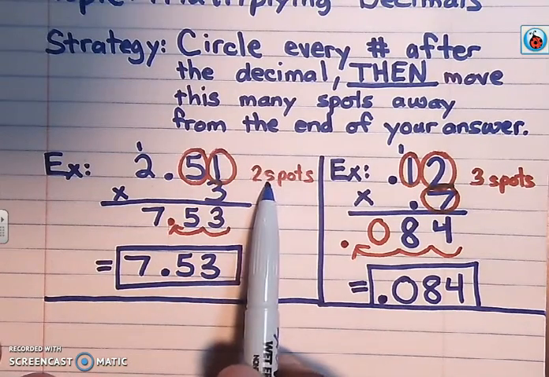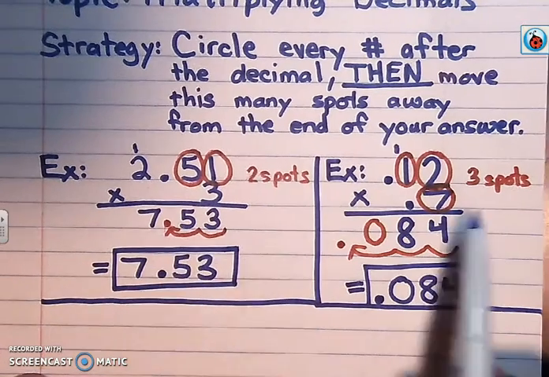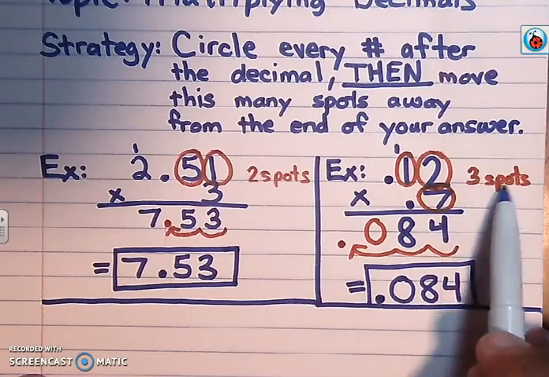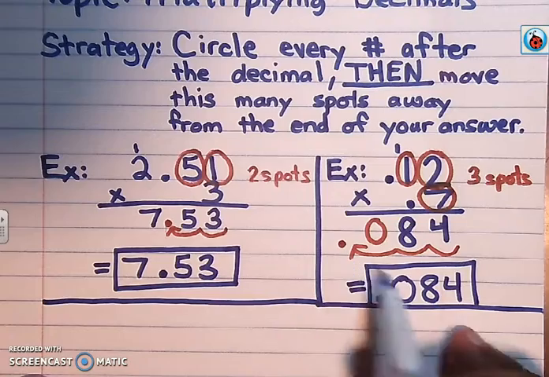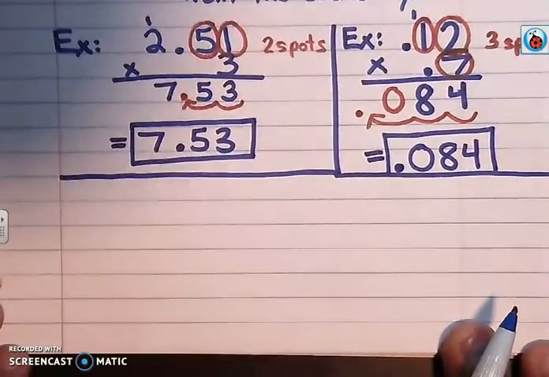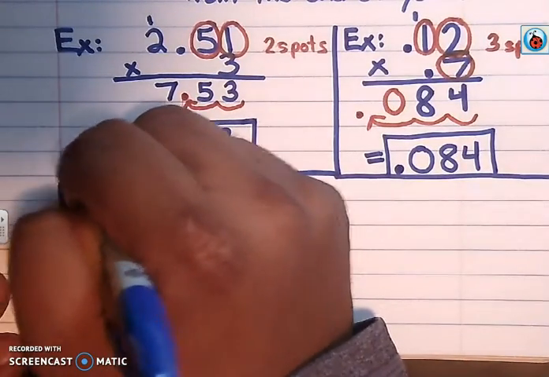That's why I put 2 spots, and that's why I moved 2 spots to the left. In the next example, I counted 3 circles, so that's 3 spots to the left of the end of the answer. 1, 2, and 3. So we get decimal 0, 8, 4. So we'll work on one more example, and then you should be okay with it.